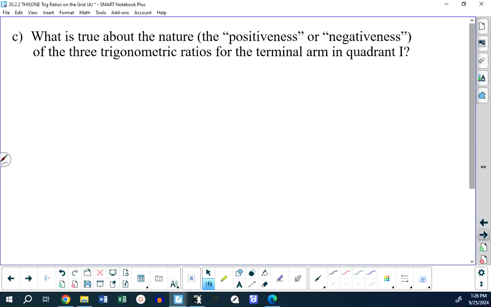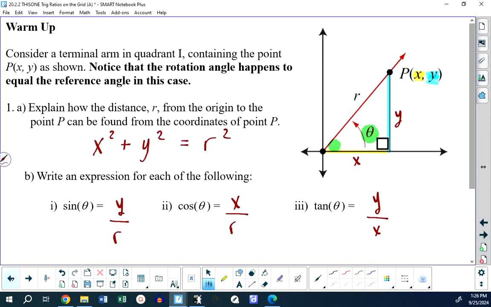What is true about the nature of the three trigonometric ratios for any terminal arm that lands in quadrant 1? I'm going to rephrase that. What is true about sine of theta, cos of theta, and tan of theta as long as theta is between 0 and 90 degrees? Well, if you take a look at the definitions of these things, sine is y over r, but in quadrant 1, y is always positive, right?